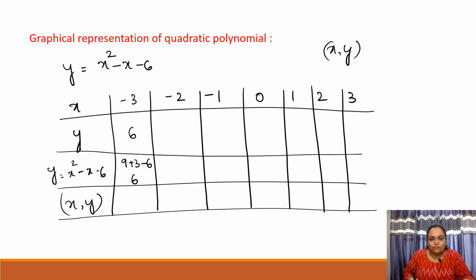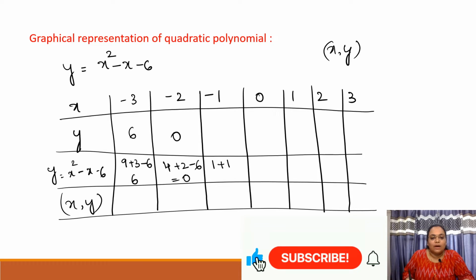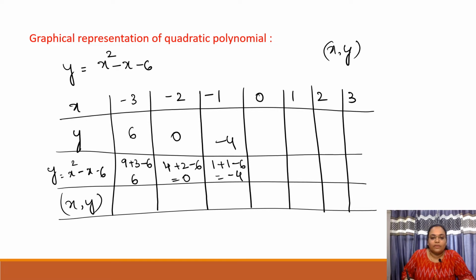When x is equals to minus 2, what are the y coordinates? 4, minus of minus 2 is plus 2, minus 6, which is 0. So when x is equals to minus 1, that will be 1 plus 1 minus 6, which will be minus 4. When x is equals to 0, that will be minus 6.